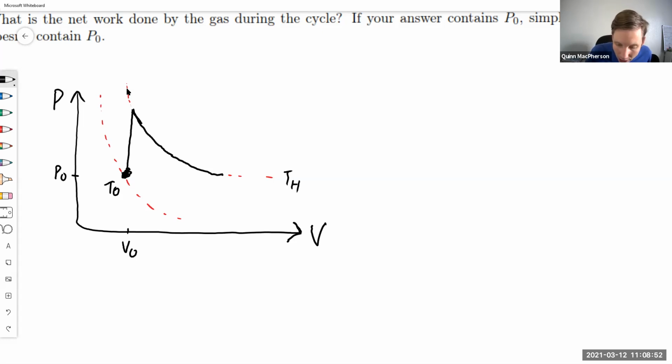And then finally, we do an isobaric, aka constant pressure process, back to our original state. Okay, so there's three processes there. Process 1, process 2, process 3. Okay, so now let's analyze this thermodynamic cycle.